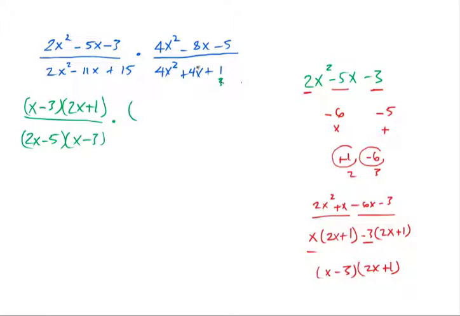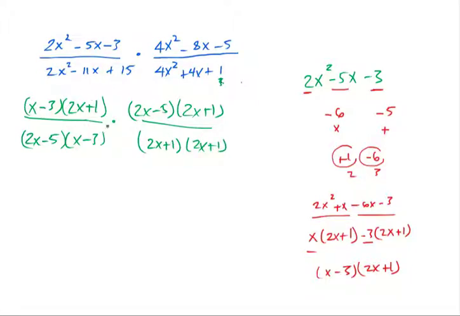This one factors out to 2x minus 5 and 2x plus 1. And the last one factors out to 2x plus 1 and 2x plus 1.